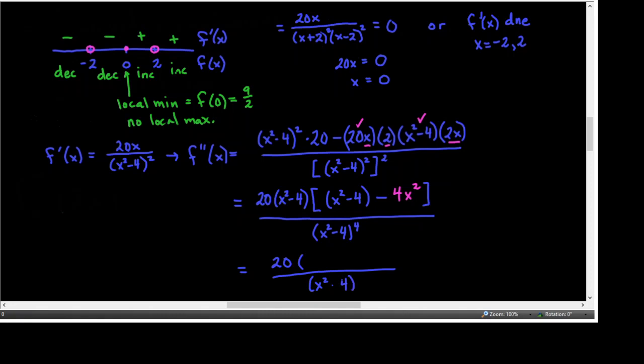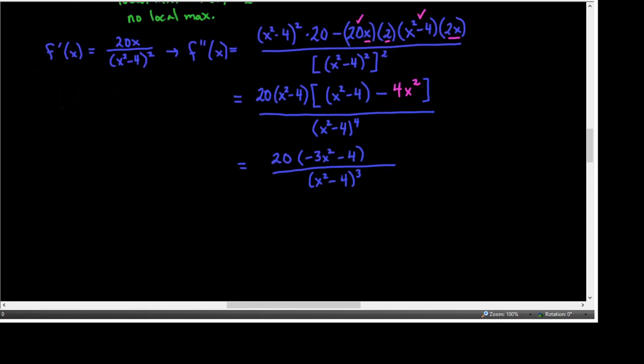And a lot of times I write the denominator right at this stage first to make sure I don't forget that I canceled one of them. Okay, so x squared minus 4x squared is negative 3x squared minus 4, which doesn't factor. So that's good as far as that's concerned.